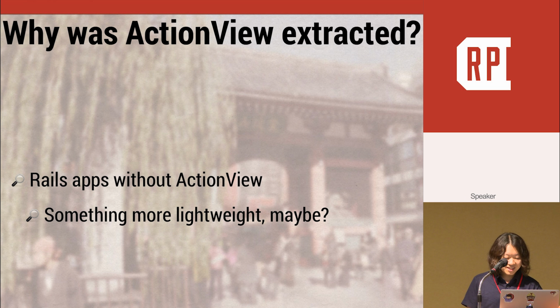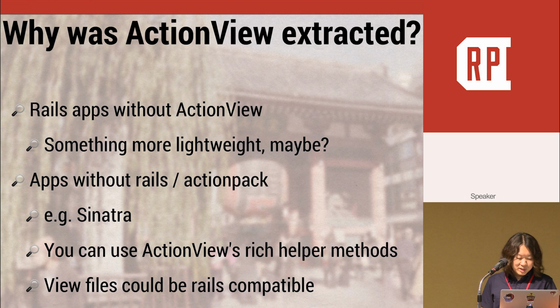Actually, I haven't seen such a thing yet, but this has to be possible, right? Or presumably, we can now create applications that use ActionView outside of Rails or independent of ActionPack. For example, with Sinatra.